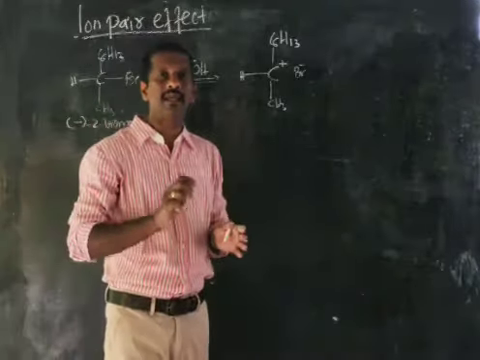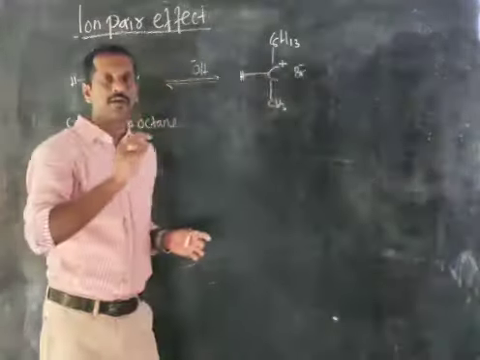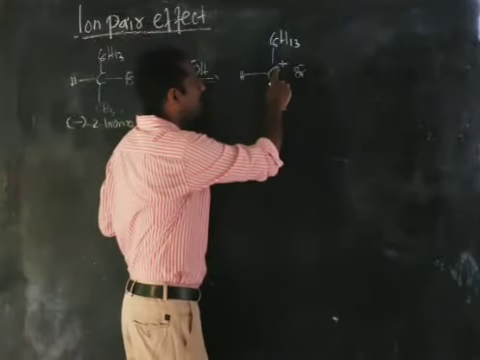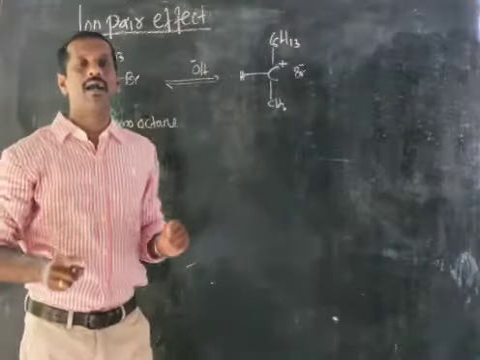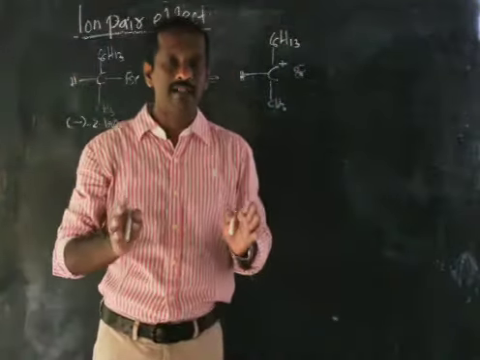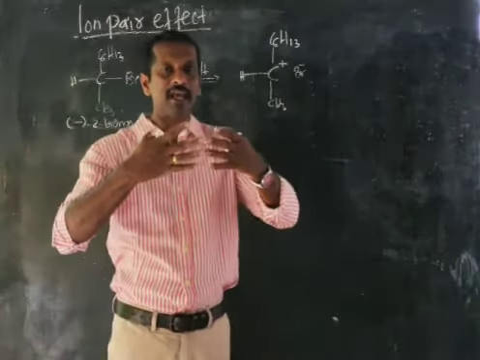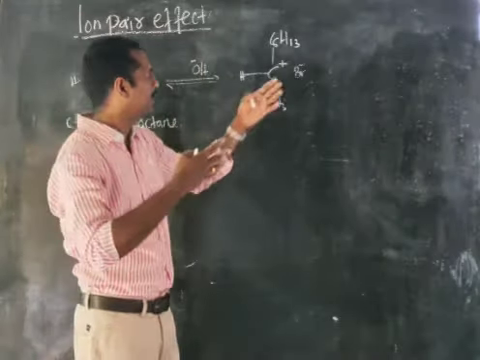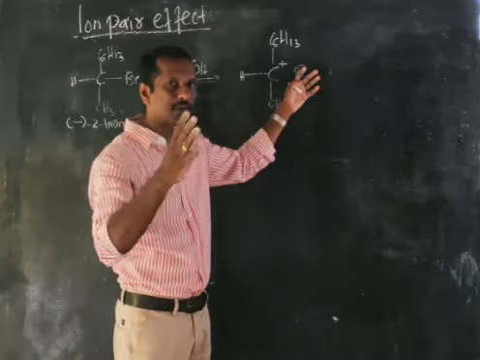That means after the formation of this carbocation, for a period of time, there is an interaction between the positively charged carbon and the leaving group, the bromide ion. That means there is a force of attraction between the positively charged carbon and the Br minus for a shorter period of time.